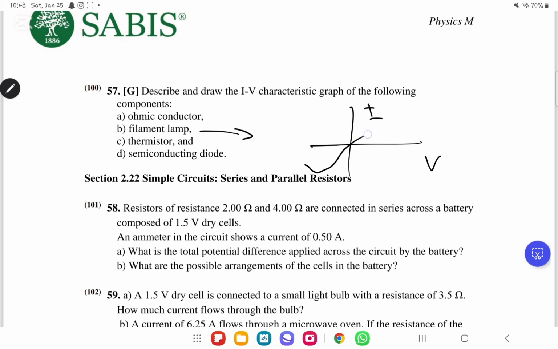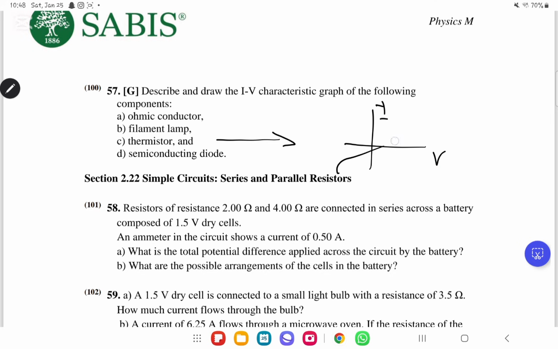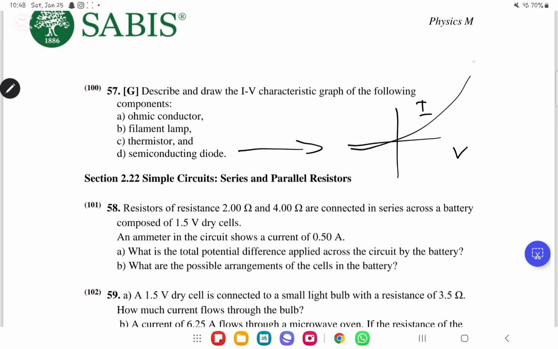Okay, I'm not the best at drawing, but it looks something like this. Okay, then if we have a thermistor, its IV graph looks something like this. Okay, and then finally, if you have a semiconducting diode, its IV graph looks something like this. Okay, this is all you need to know. You do not need to describe, you just need to know how to draw them.